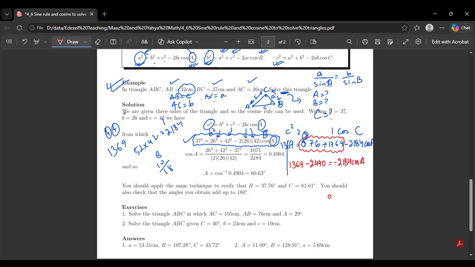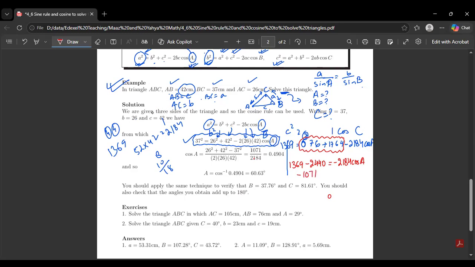cosine A, right? Yes. Now, when you subtract these two numbers, what are you getting? 1369 minus 2440. So minus 1071.